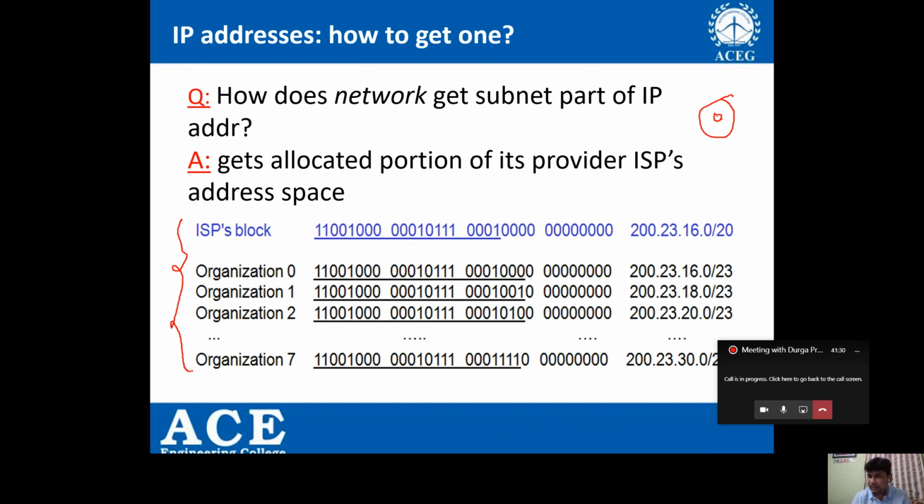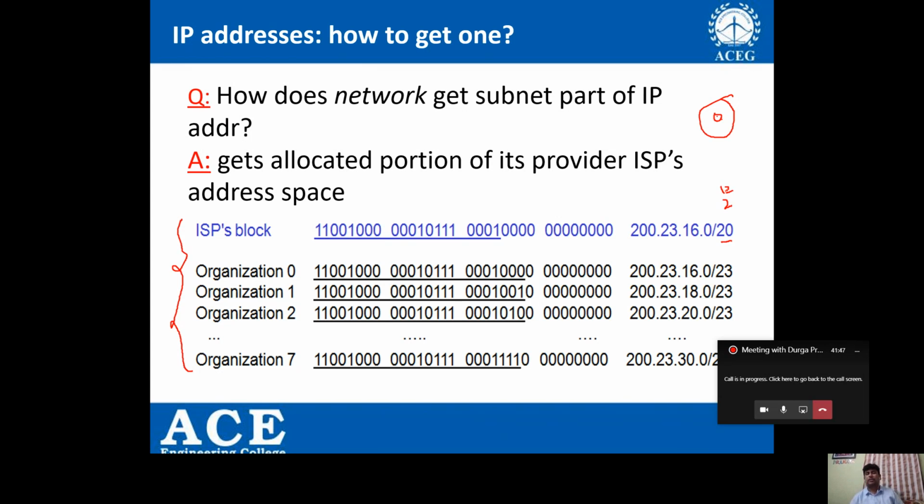organizations. In this example which you are seeing on the screen, the prefix length is 20, or you can say the subnet length is 20. So the total number of IP addresses available with it is 2 power 32 minus 20, which is nothing but 2 power 12.